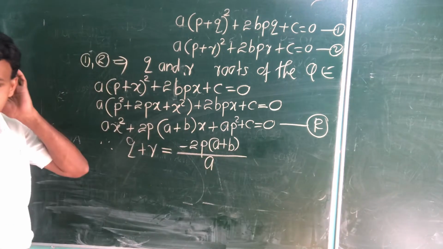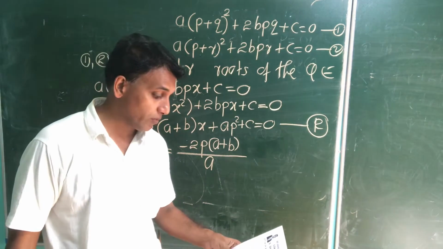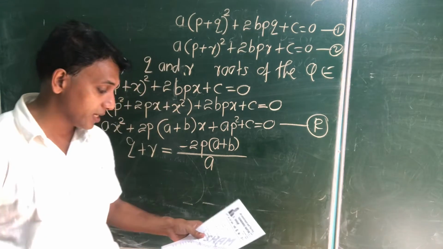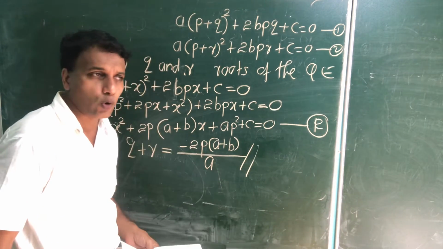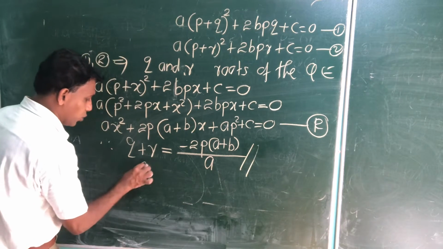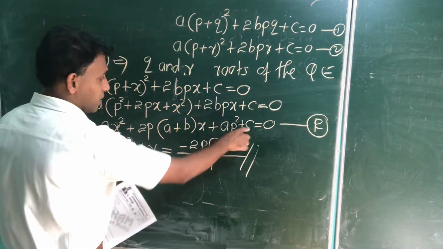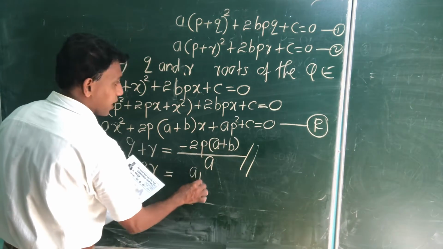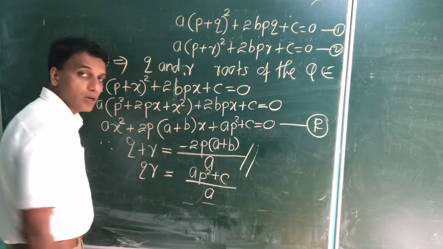Check the solution available, Tute number 2 revision, first part, q + r, yes, that is there. The product of the roots alpha into beta is generally c over a. So here q into r equals (ap² + c) over a.